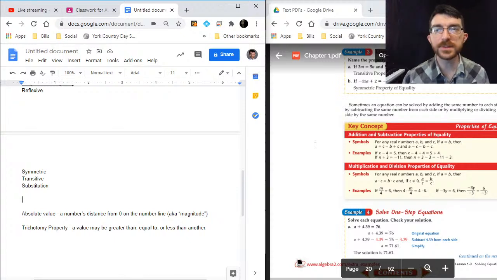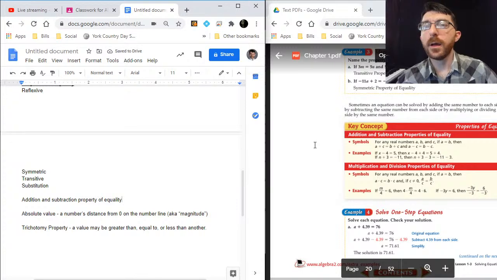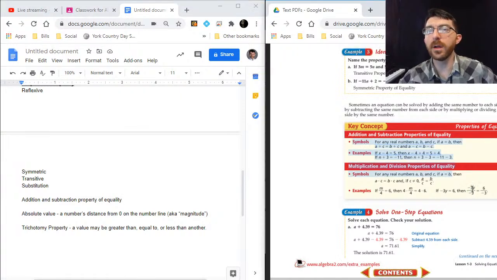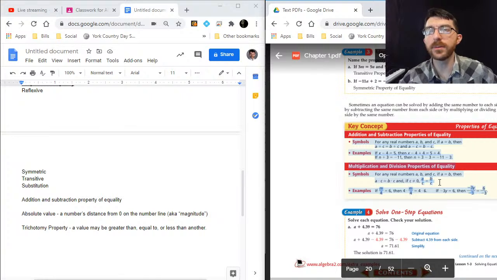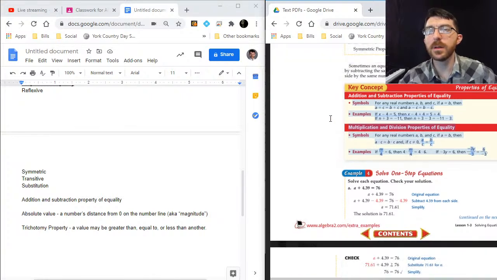Why do we give things these names? Addition and subtraction property of equality. Okay, so I can pretty much guarantee that no high schooler ever cares about this. You can do the same thing to both sides.